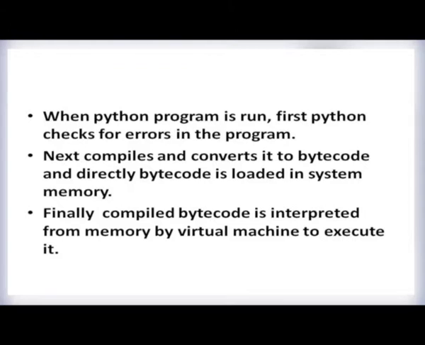Finally, the compiled bytecode is interpreted from memory by the virtual machine to execute it. Whereas, languages like C or C++ convert programs to object code and then to machine code and save them as executables on disk, and then the user can run them.